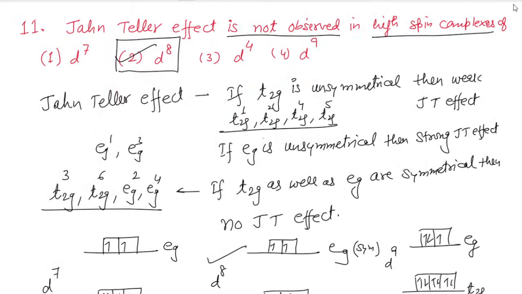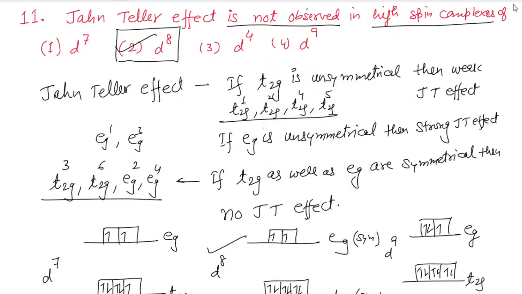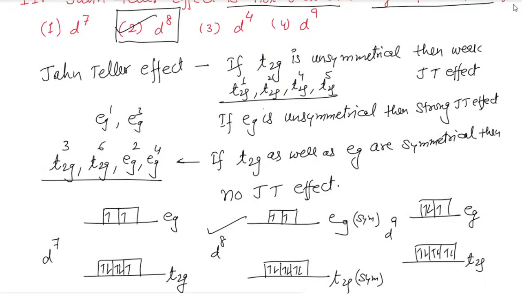See, Jahn-Teller effect is shown by those complexes in which there is unsymmetrical distribution of electrons in T2G and EG. If T2G as well as EG both are symmetrical, means distribution of electrons is symmetrical, then Jahn-Teller effect is not observed.